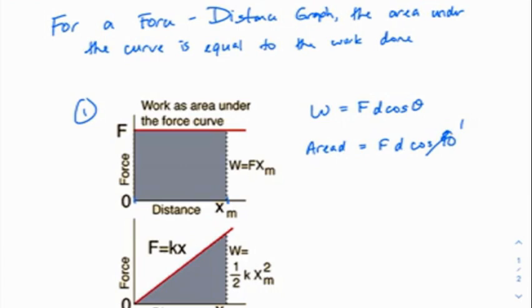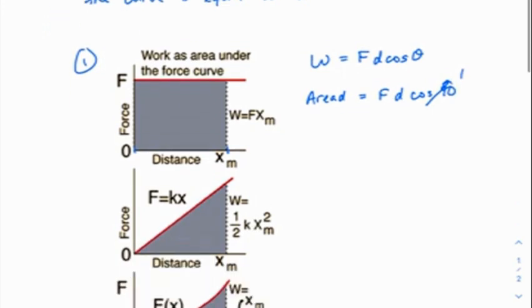Mathematically, in situation 1, with a constant force, the equation works out. Situation 2 is an example of a spring force doing some work, and in that case you have to look at the average force being utilized to do the work. Again, work is just the area under the curve.